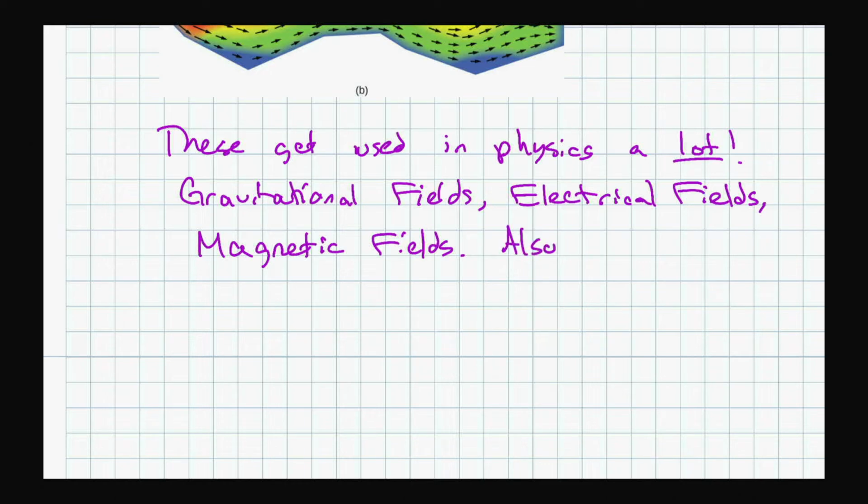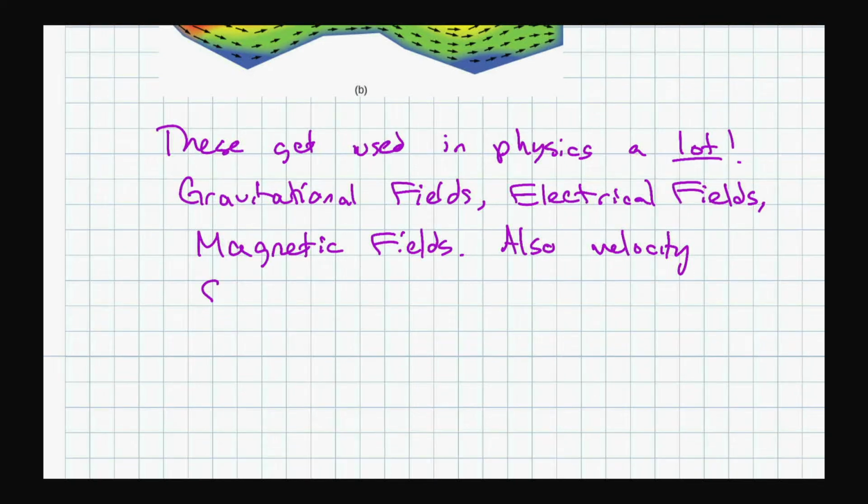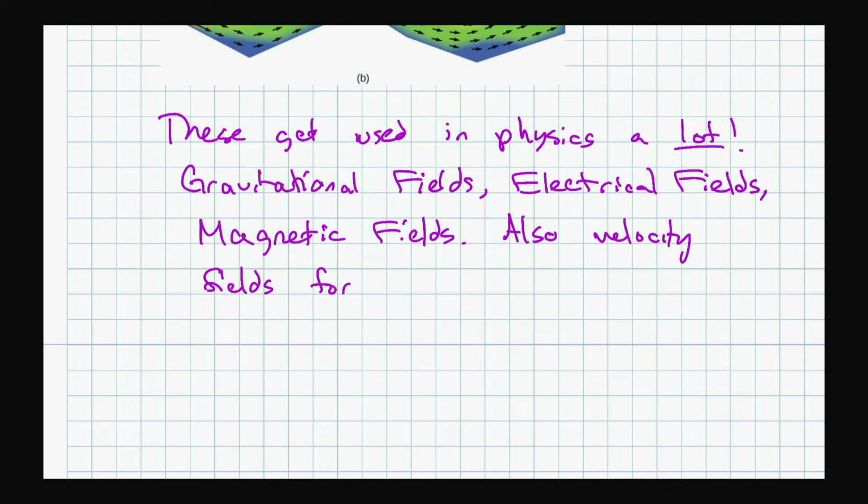Also, you have things like acceleration and velocity of moving objects. Also, velocity fields for, let's say, moving liquids, for fluids, moving fluids. And so on. Right? So these get used a lot.